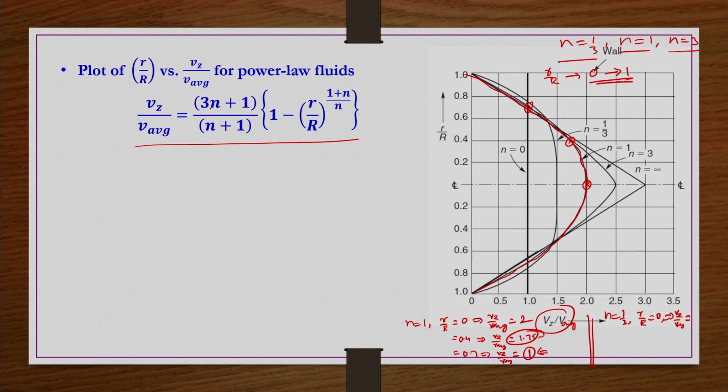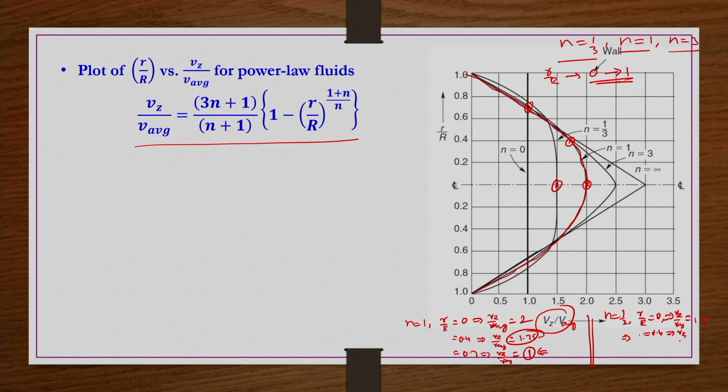If n equals 1 by 3, so this is 1 by 3 into 3, that is 1, plus 1, that is 2, 2 divided by 4 by 3, so roughly you are going to get a value close to 1.5. So, that is the data point here, right.